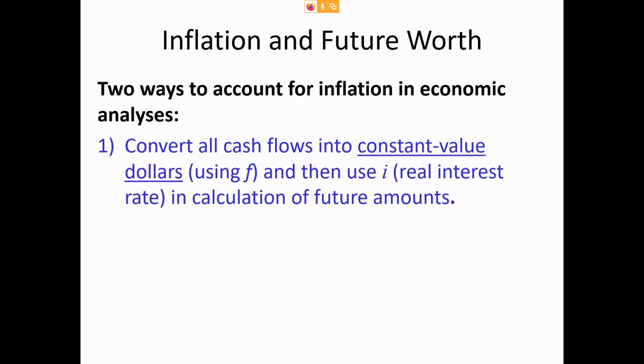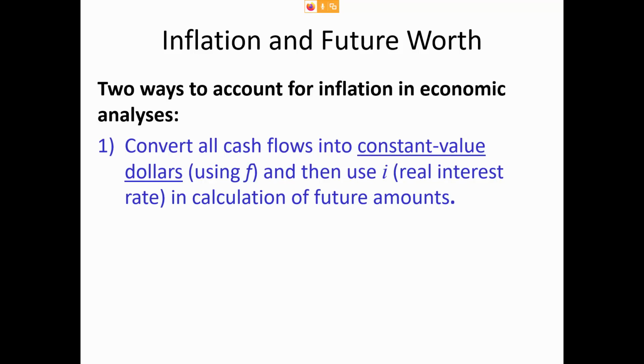So there are two ways to work estimates of inflation into an economic analysis. One of the ways is to convert the cash flows into constant value dollars. Constant value dollars means how much it would be in today's terms. So you'd take a cash flow diagram and discount all of the amounts in the future at the rate F, meaning at the inflation rate.